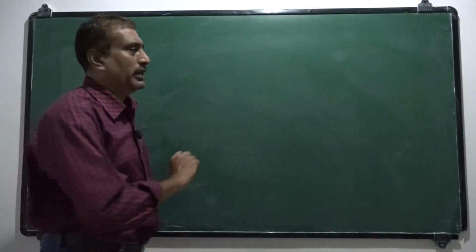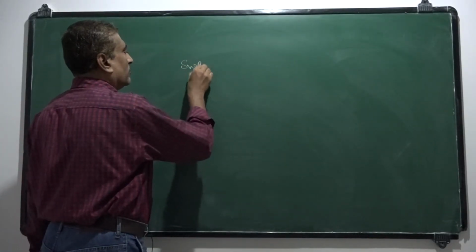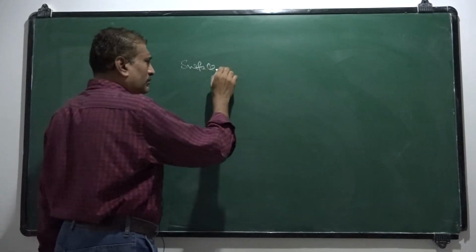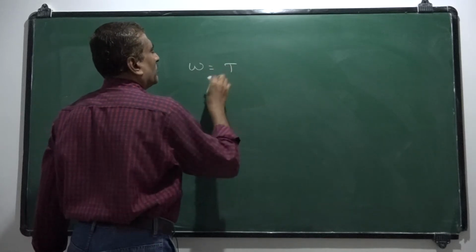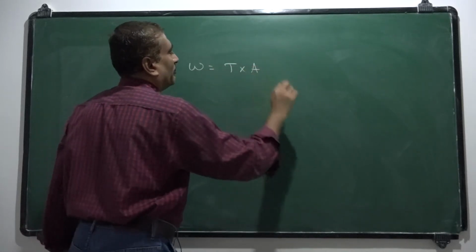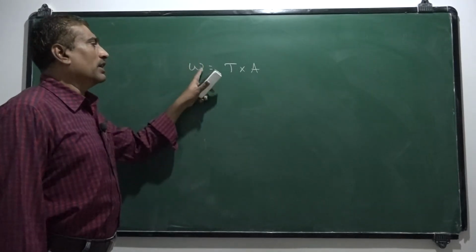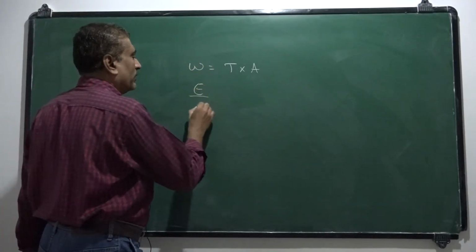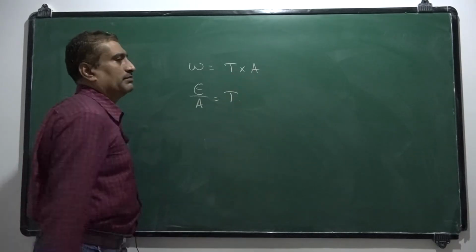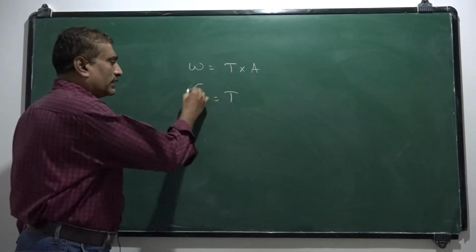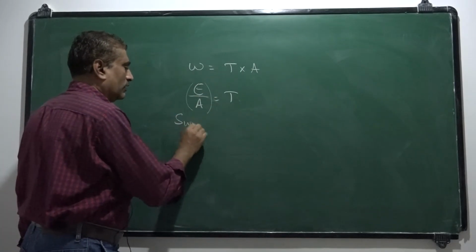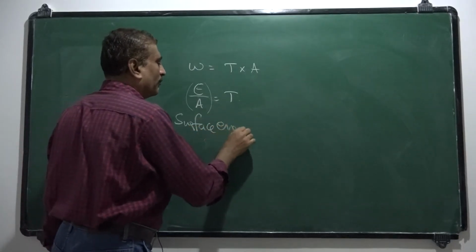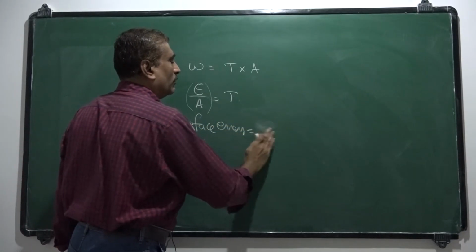And surface energy and surface tension are related: work done is equal to surface tension into area. Or surface energy, meaning energy per unit area, is equal to surface tension. Okay. So, surface energy is numerically equal to surface tension. You have to remember this one also. Surface energy is numerically equal to surface tension.